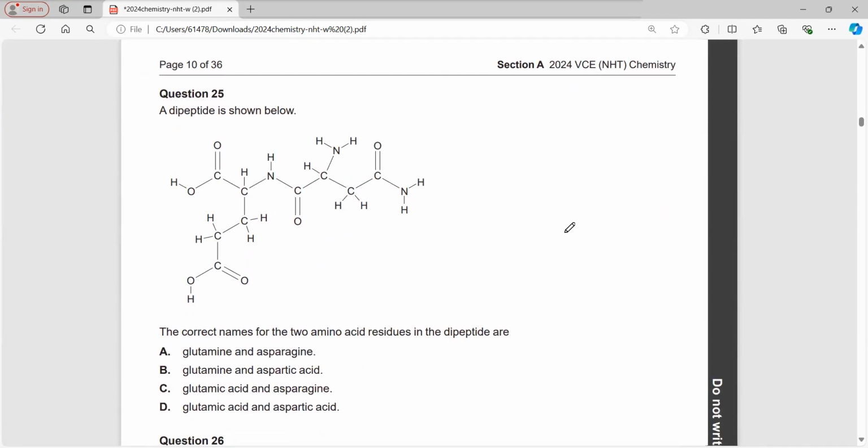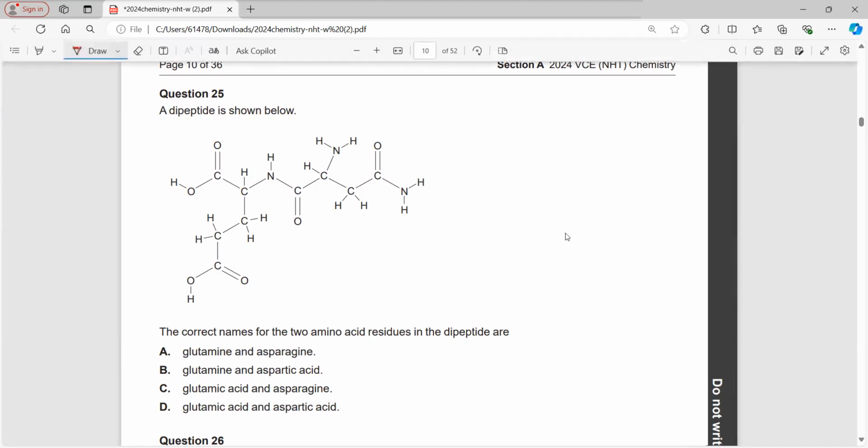A dipeptide is shown. The correct names for the two amino acid residues in this dipeptide are... The dipeptide is connected by a CO-NH amide bond, and what happens is it's cut here. We just want to find out where the R group is.